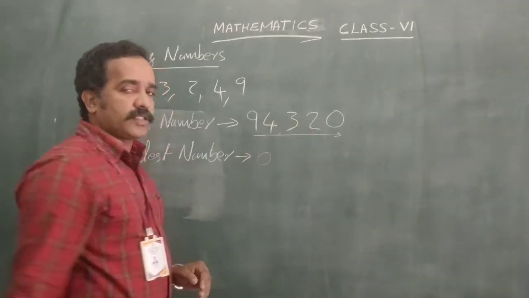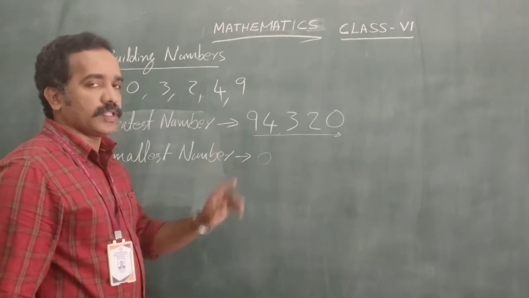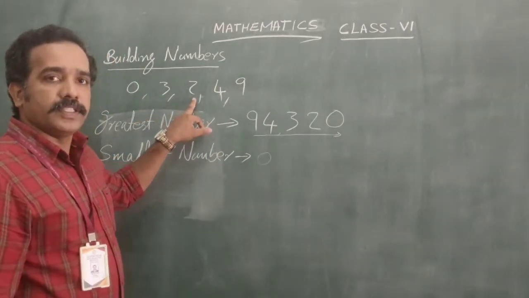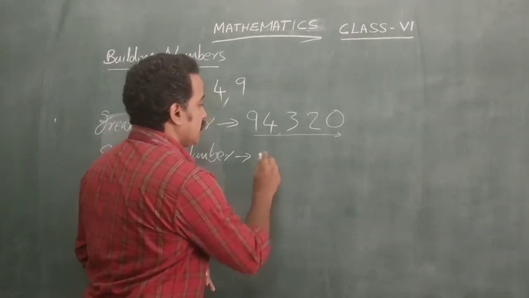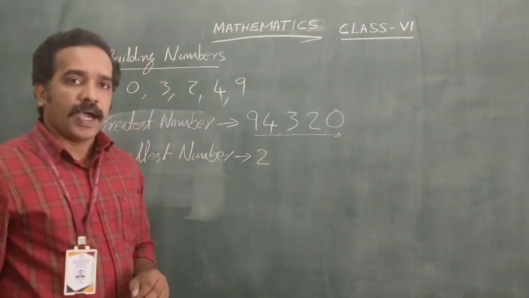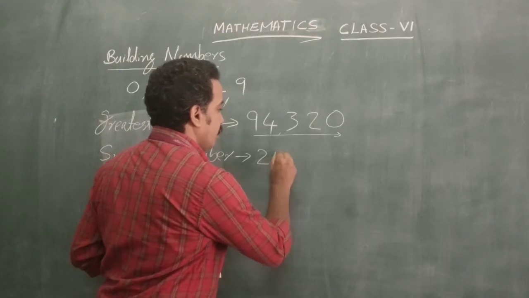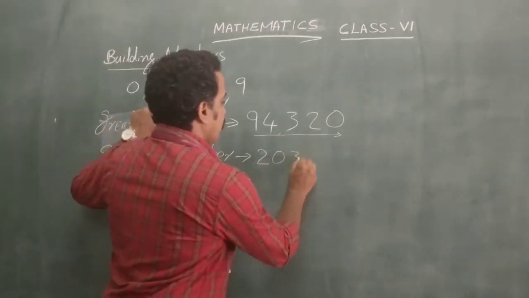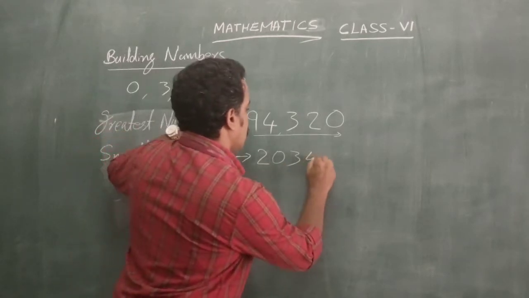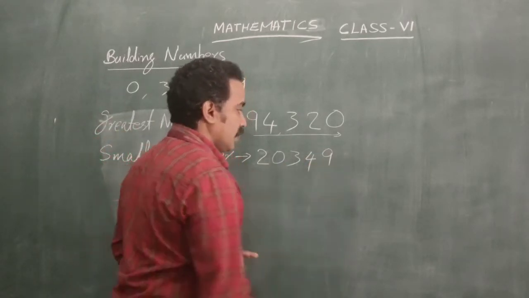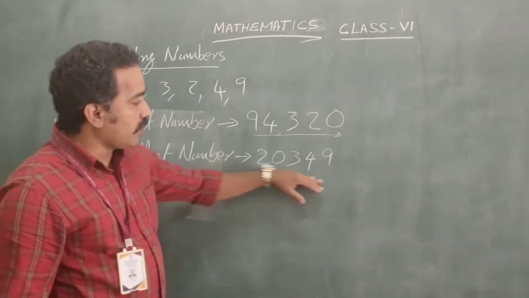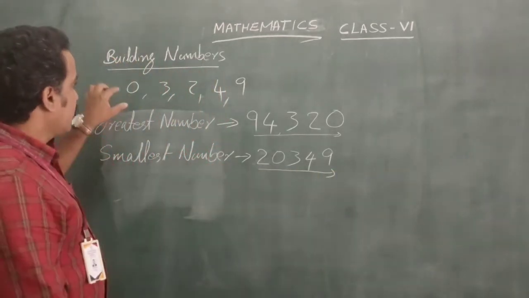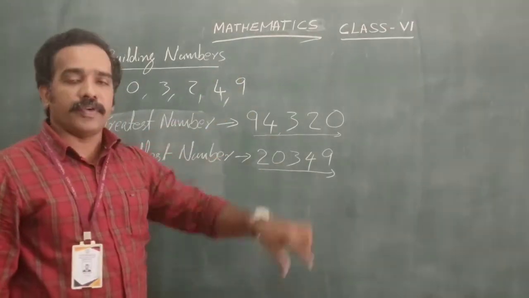So check for the next smallest digit. After 0, 2 is the next digit given here. So you can place 2 in the first place, and then you can place 0. Then next smallest 3, then next smallest 4, then the biggest one 9. So this will be the smallest number we are able to make using these 5 digits.